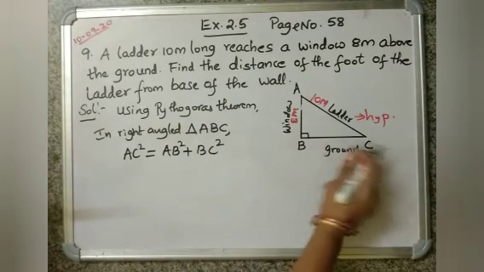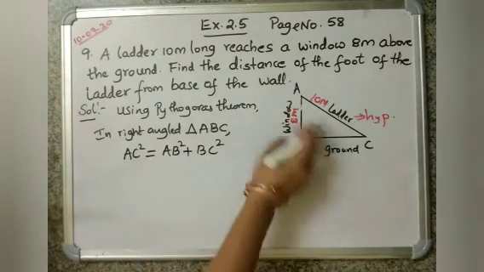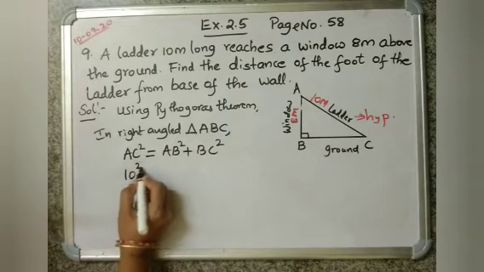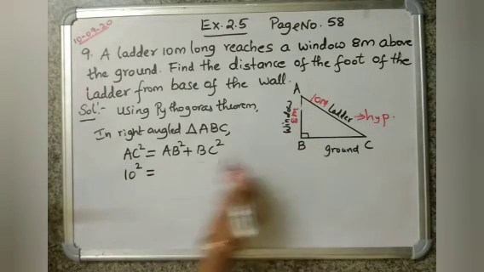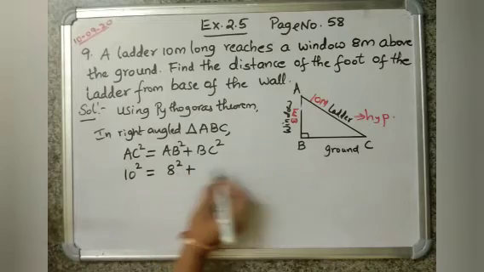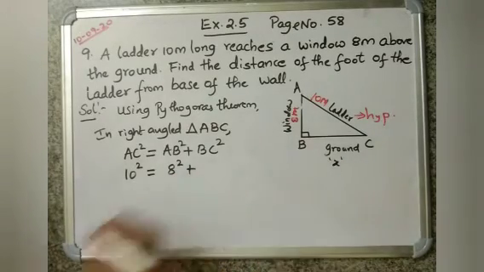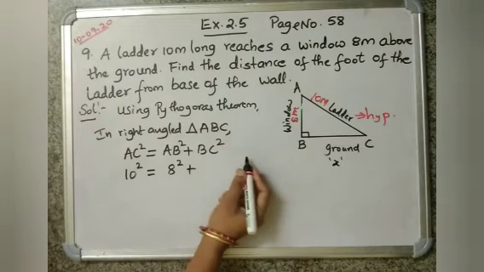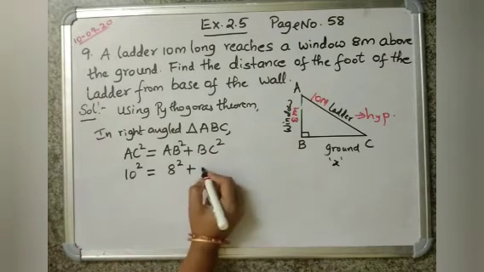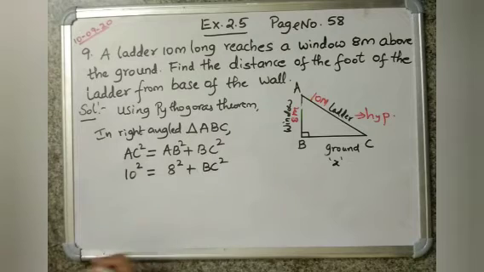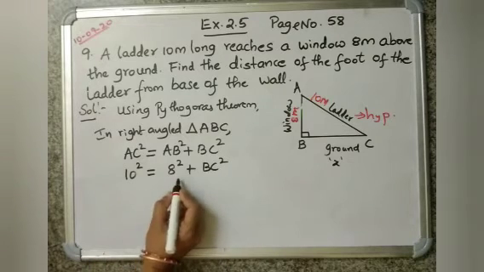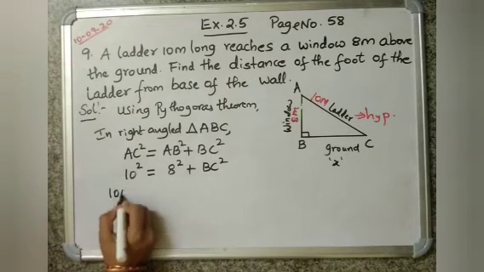So we are finding now what is BC. We know that AC is 10, square it; AB is 8, square it; BC is not known. You can take it as X also, or you can write it as it is, BC square. Now what is 10 square? 100.